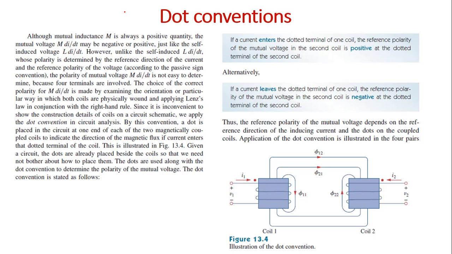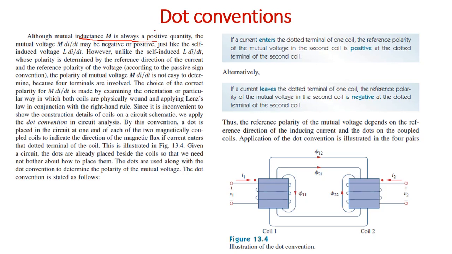Now here, this self-inductance and mutual inductance are always positive quantities because they always have a constant value. The inductance of a coil will not vary, it is a constant, so it is a positive quantity.